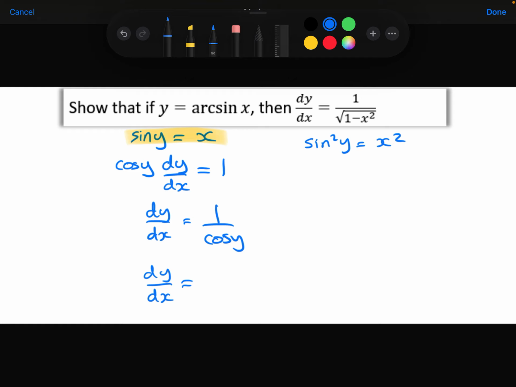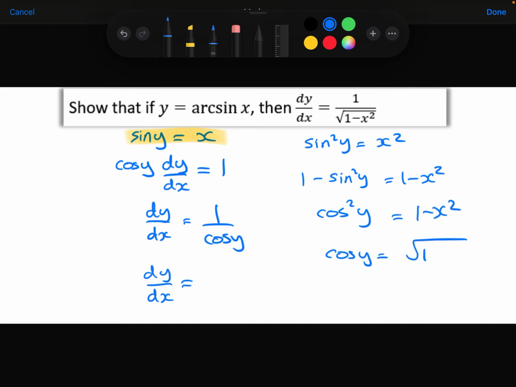I know that 1 minus sine squared y would be 1 minus x squared. Therefore, cos squared y is equal to 1 minus x squared, and so cos y is equal to the square root of 1 minus x squared. There we go.